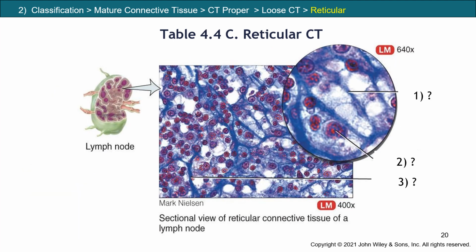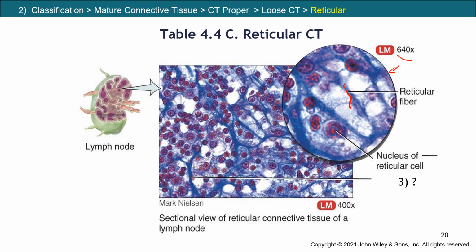This picture is very clear about what is happening there. In red, you're going to find the nucleus of the reticular cells, while in blue you will see all these fibers. So remember, this is a reticular fiber magnified 640 times, all those blue things.